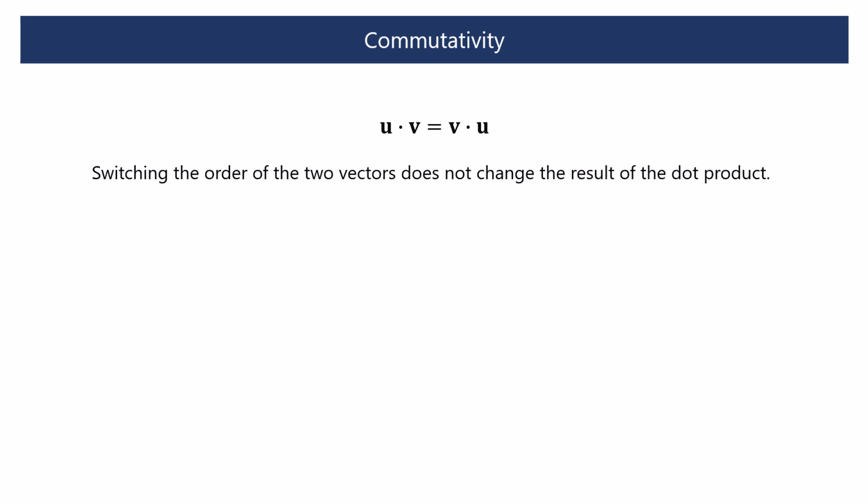Now let's delve into each property one by one. Let's begin with the first key property, commutativity. This property is simple but essential to the structure of linear algebra. It can be written in this way. In other words, switching the order of the two vectors does not change the result of the dot product.